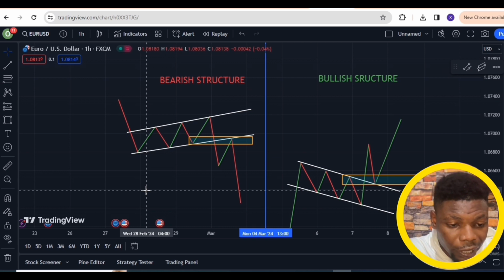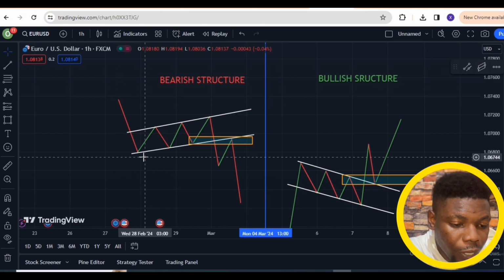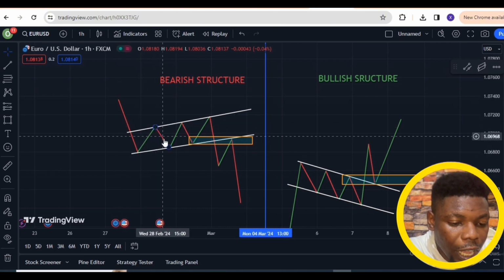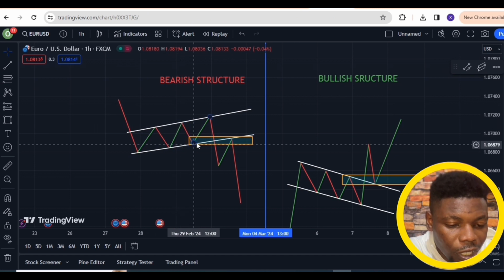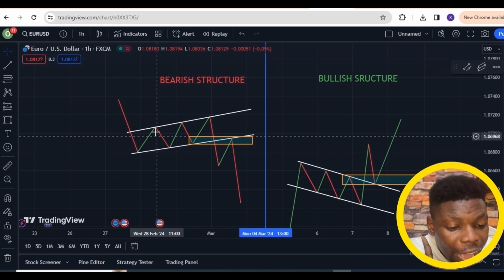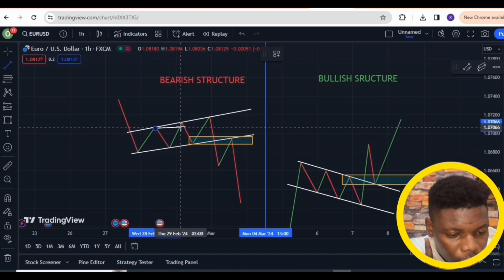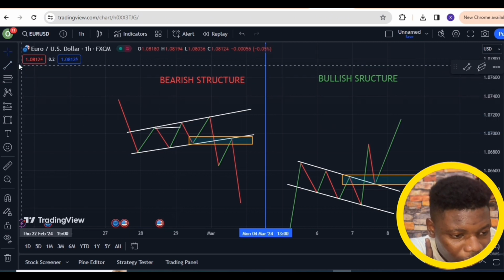So on a bearish example, you have a downtrend. On that downtrend, you get to a point where consolidation happens. We have a bearish structure, then we have some consolidation here, and when the consolidation happens, the highs will be broken. You can see here the highs got broken, which seems to indicate an uptrend. It's not an uptrend.